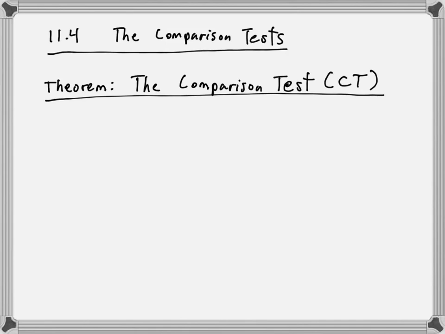Okay, so here are the conditions of the test. We need to always be really careful that we read the conditions carefully. So this is a test that allows us to compare two different series. So let's suppose that AN and BN are both positive series.